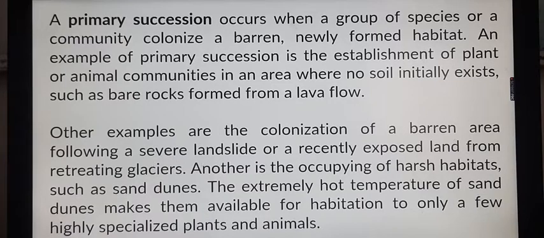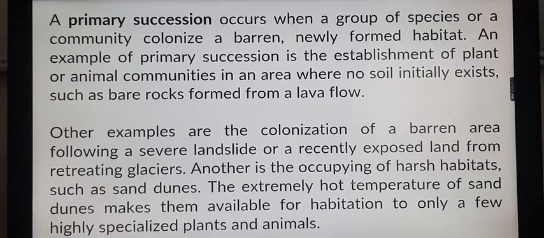After a severe landslide or retreating glaciers, that area will become barren. Then the first living organisms which start living in that area mark the primary succession.